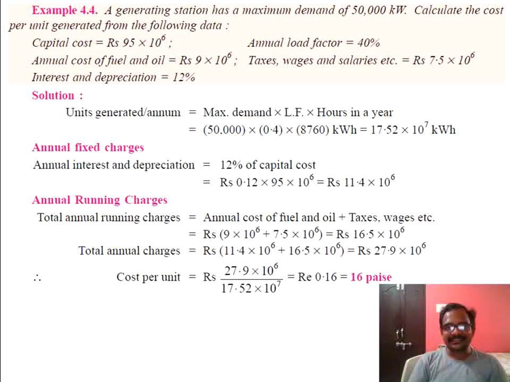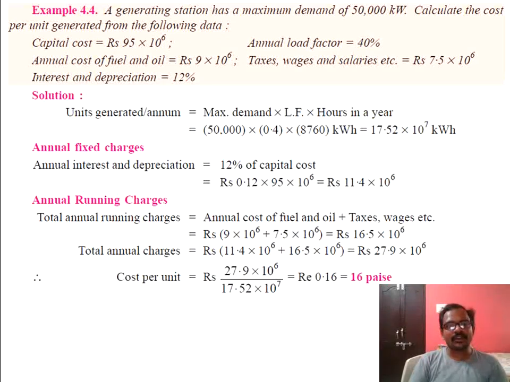A generating station has a maximum demand of 50,000 kilowatts. Calculate the cost per unit generated from the following data. The data given is: capital cost is 95 into 10 to the power of 6, which is nothing but 950 lakhs or 9.5 crores. Annual load factor is 40%.